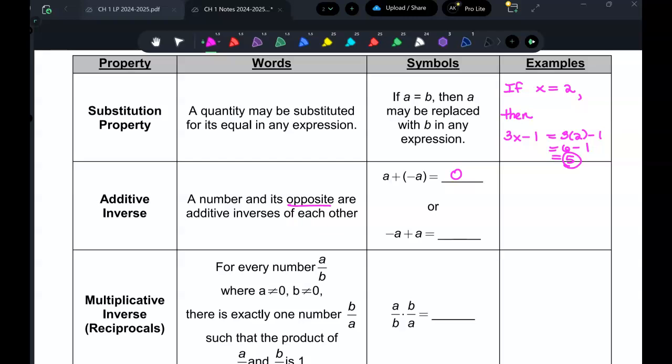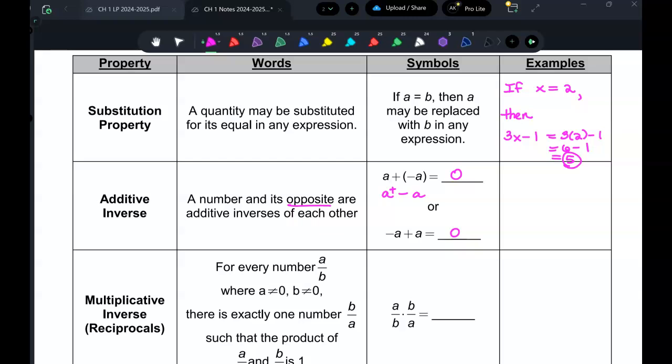It doesn't have to be in parentheses. Could you also do just A minus A? You could also do A minus A. The reason we say additive inverse is to show it's A plus a negative A. It's the same thing.